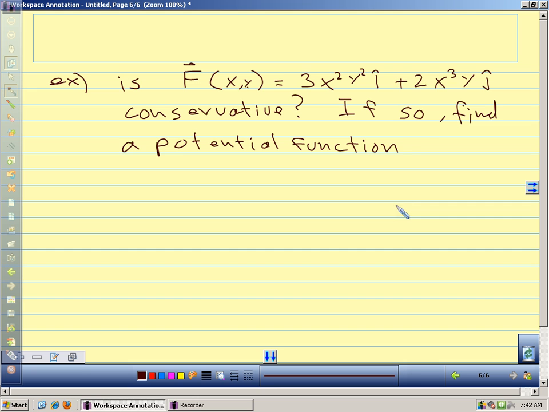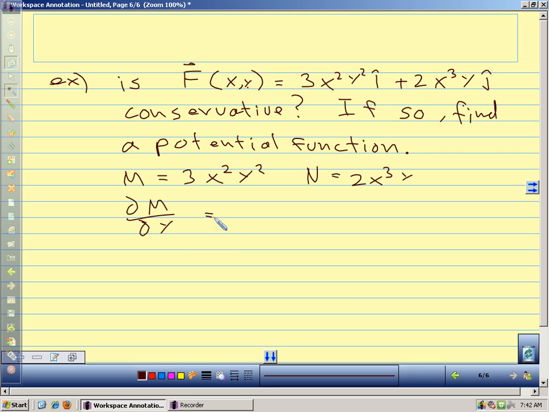So we want to test whether this is conservative. For this vector field, M is 3x squared y squared, and N is 2x cubed y. And we want to take the partial of M with respect to y.